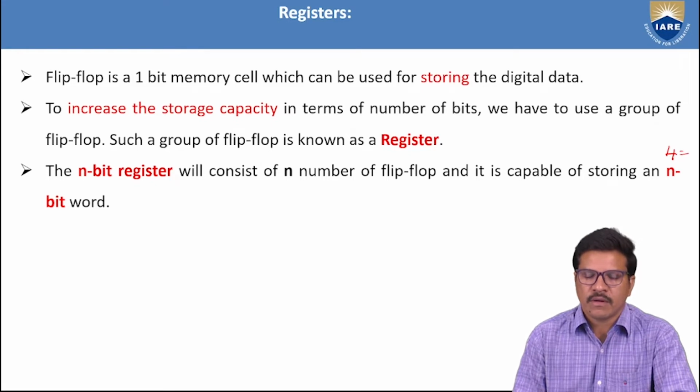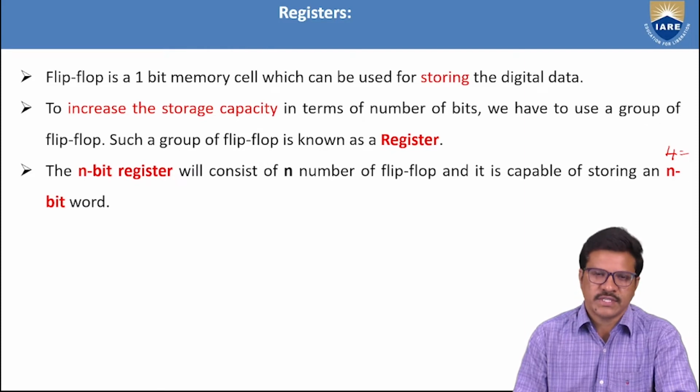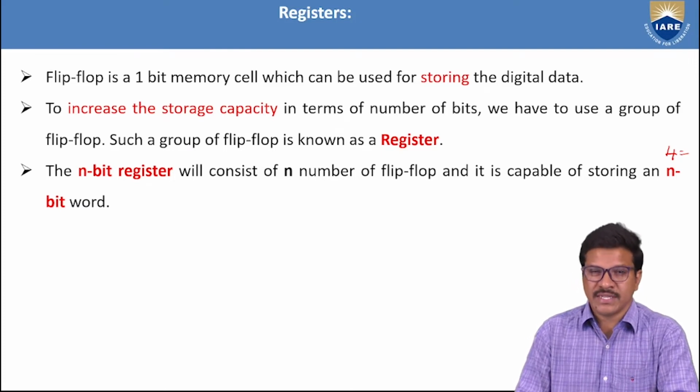It can store from the initial value of 0, 0, 0, 0, up to the maximum value, which is 4 ones. When we convert that number into hexadecimal, the 4 ones represent F. We can store the hexadecimal number F in a 4-bit register, but more than F we can't store in a 4-bit register.